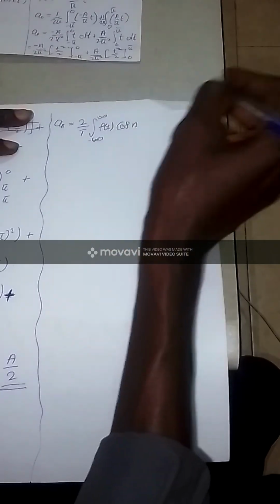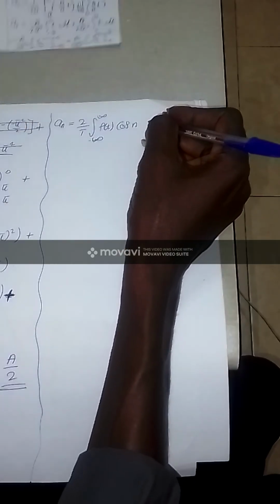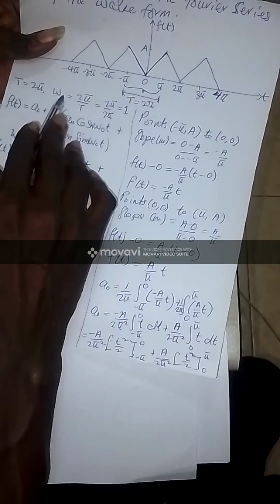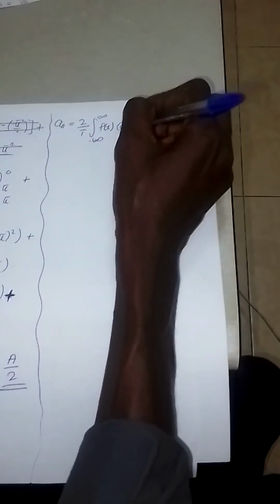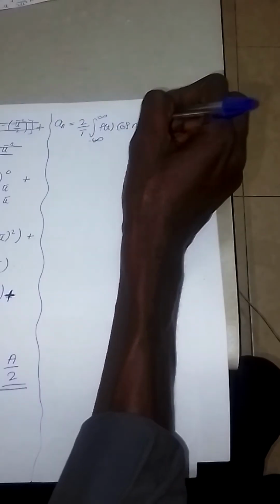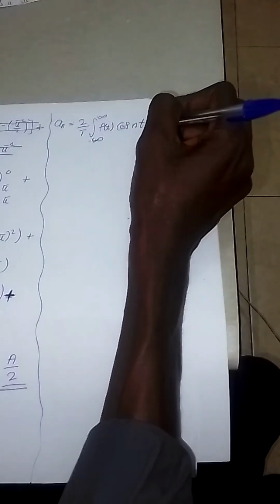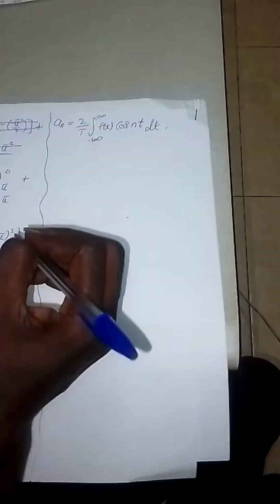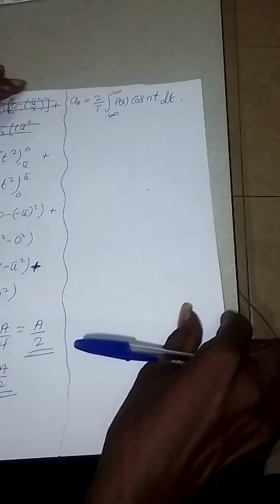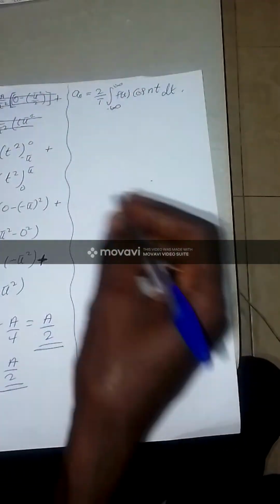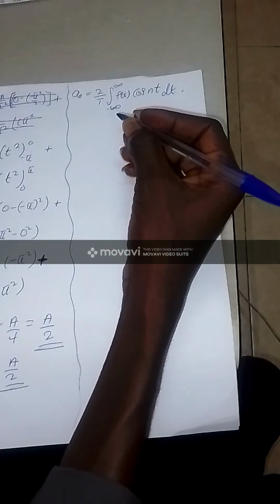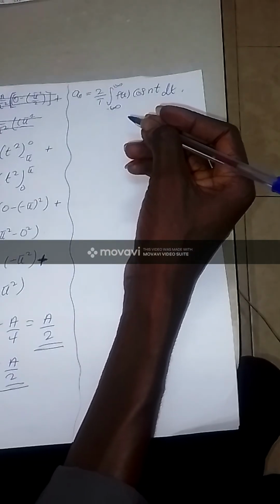But omega naught here, we have identified that omega naught is 1. So if you put 1 here, you have cos nt. So this is what we're going to have.